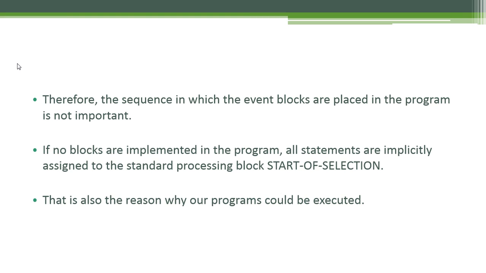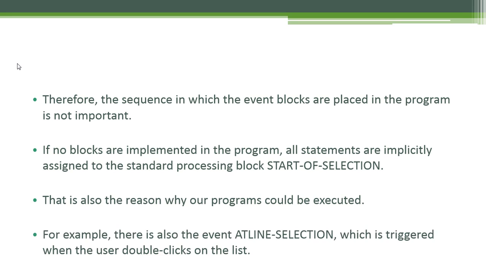So until now, we have been reading all of our code in the start of selection processing block, because we never included the initialization event or the at selection screen event. For example, there is also the event at line selection, which is triggered when the user double clicks on the list.